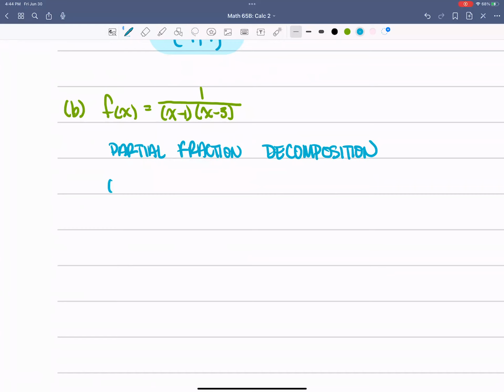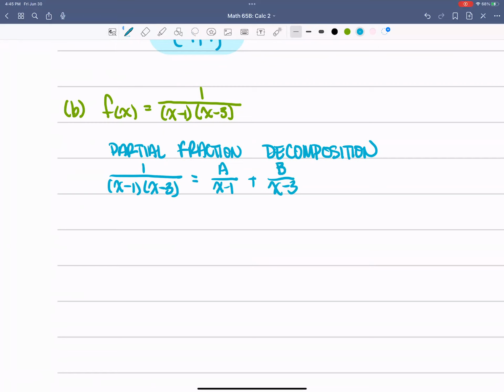Here we have x minus 1 times x minus 3 in the denominator with a numerator of 1. We want it to be 2 separate fractions, one with x minus 1 in the denominator. We'll call this numerator a, and one with x minus 3 in the denominator. Call the numerator there b.